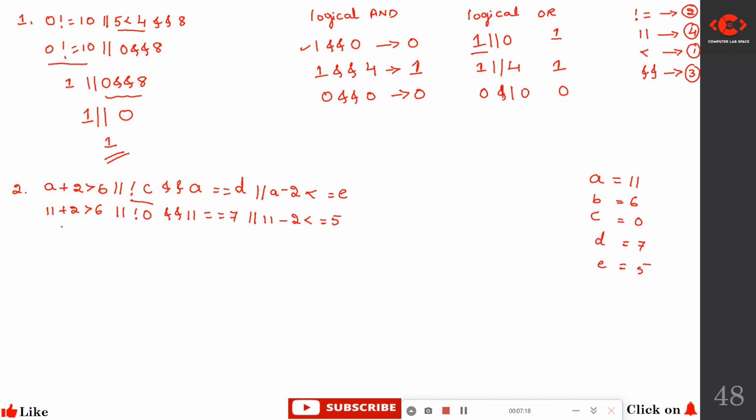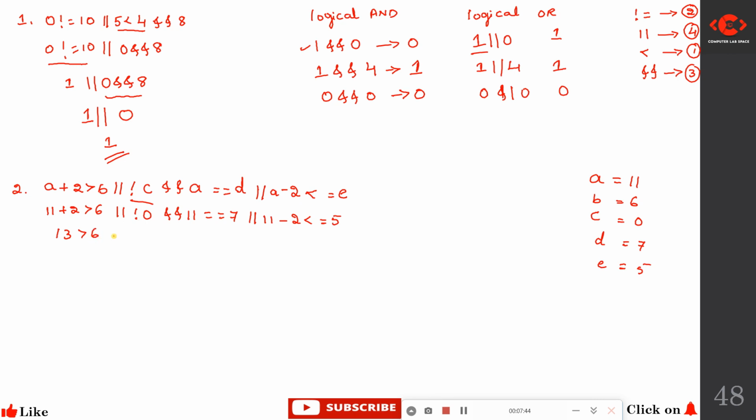Now you can directly solve if you already know the priority and the associativity. If you're already familiar with this, you can directly solve, or else you can also write it as it is if you require. So 11 plus 2, I'm going to just solve it, since we give the priority to the additive immediately after the not 0, that is the unary operator, right?